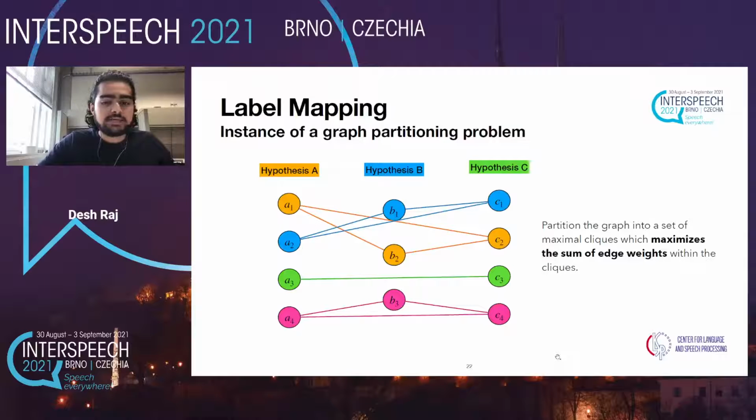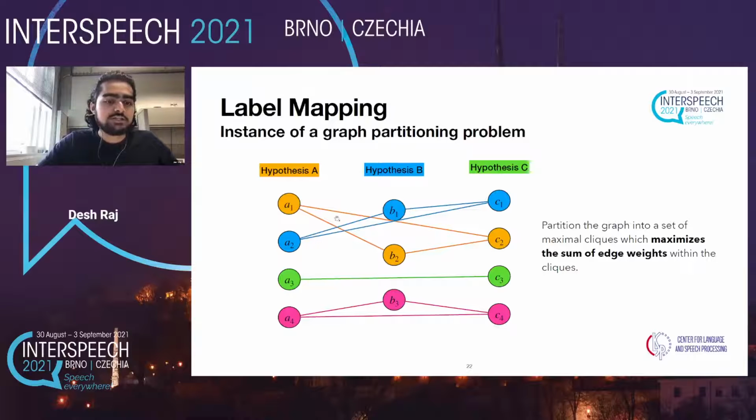So the problem then can be formulated as follows. We want to partition the graph into a set of maximal cliques, which maximizes the sum of edge weights within the cliques. So for example, we want to partition this whole graph, which is this combined set of speaker nodes, and each of these colored cliques denotes 1 assignment of speaker labels.